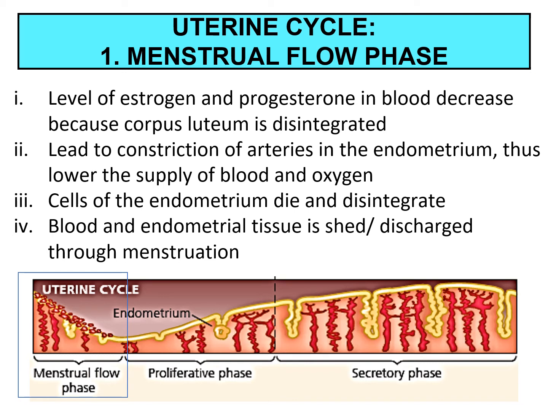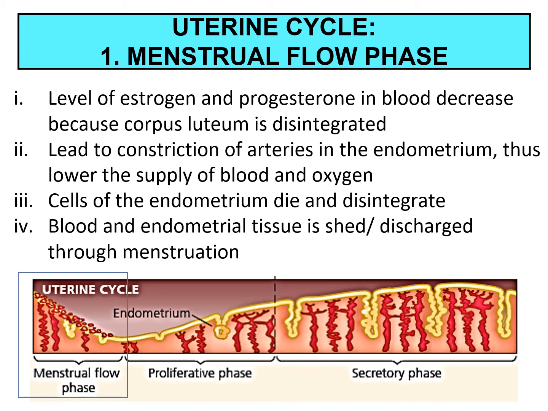Pada uterus, the endometrium is being shed off. So kenapa berlaku pendarahan tu? Sebab level of estrogen and progesterone is low, decrease. Kenapa? Why is their level decreased? Because the corpus luteum is disintegrated.